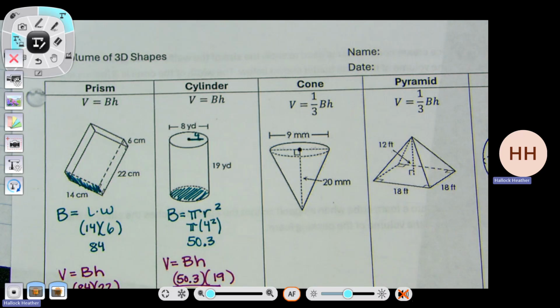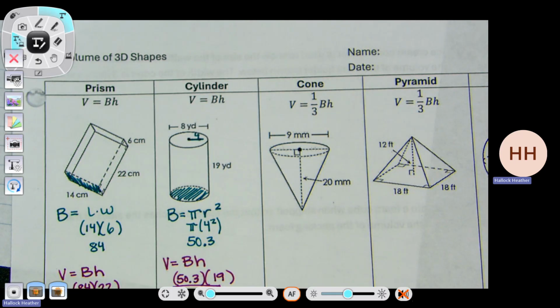If I were to extend this, 2/3 of it is missing. So it's the same formula, but we multiply by 1/3 in the end, because we don't have the whole thing. So anytime it comes to a point, whether it's an ice cream cone or an Egyptian pyramid, we have 1/3 inside the formula.